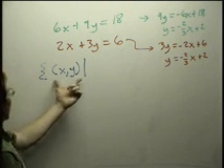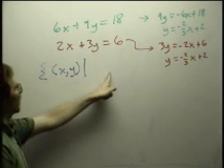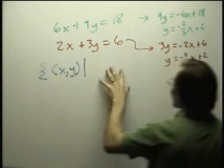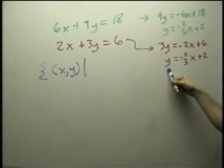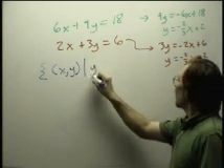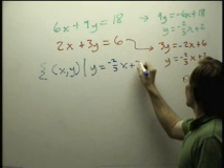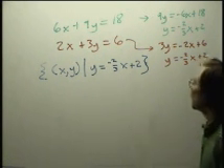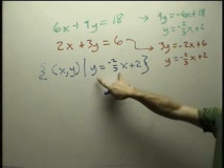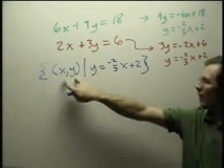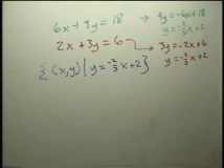It is going to be the set of all ordered pairs x, y such that the following property holds. x and y are related by this equation. If this equation is true of the pair x and y, then that x, y pair is a solution to this system.